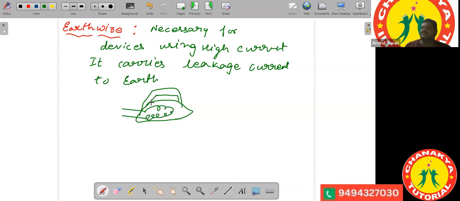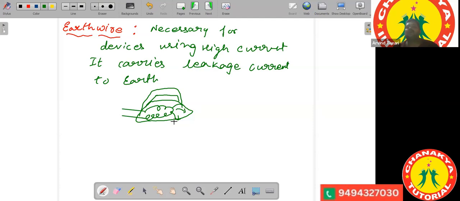So when the current starts flowing in the wire, some charges will jump out of the coil and reach the metal body of the device. The charges which reach the body of the device will change the voltage of the device, and hence they can provide a shock to you. If you touch the body of the device, you will get shocked.